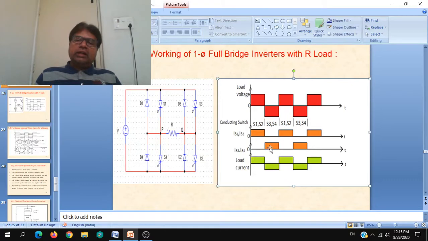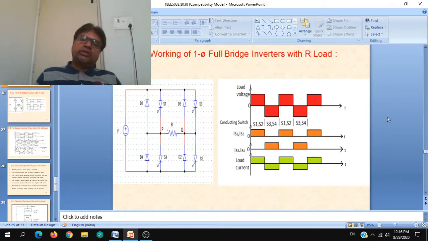Accordingly, gate triggering pulses should be given when you want the positive half cycle. S1 and S2 will be switched according to the frequency and time period. S3 and S4 again will be switched to get the negative half cycle according to the chosen frequency and time period. That is what you have to explain, and ultimately you will be getting only a square wave across the load.